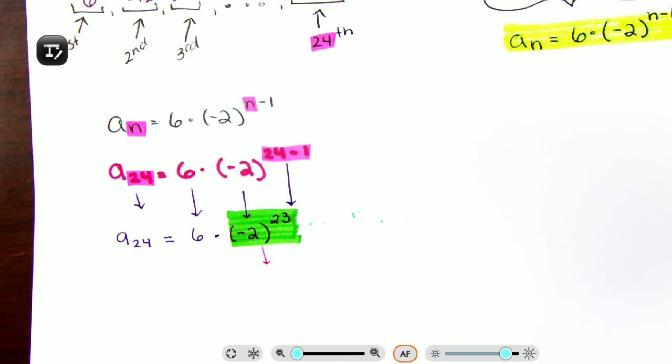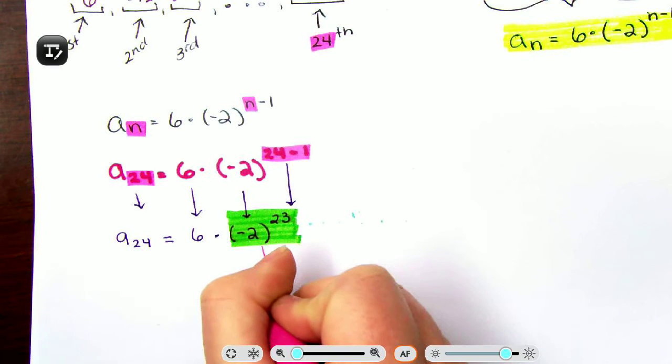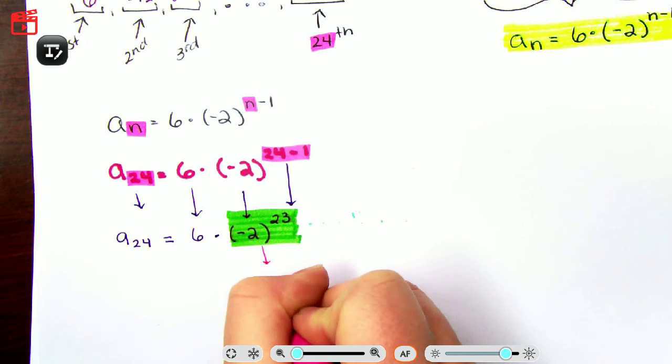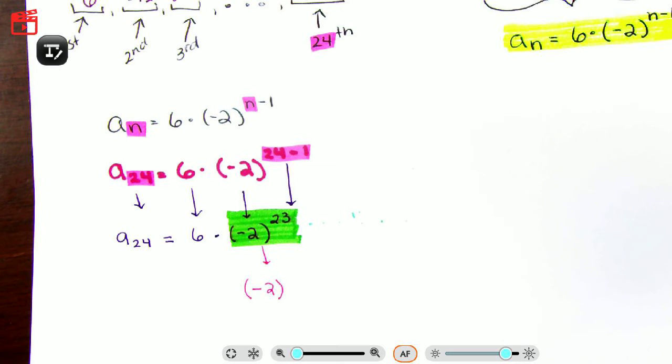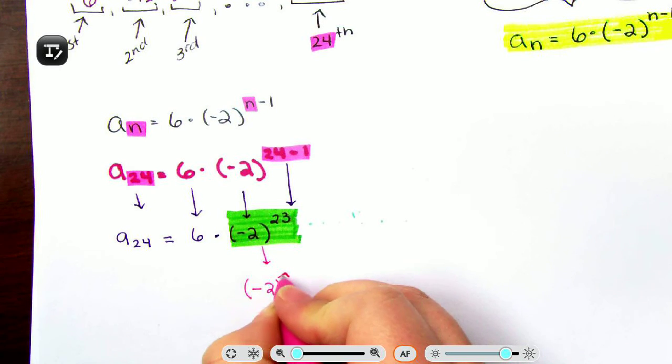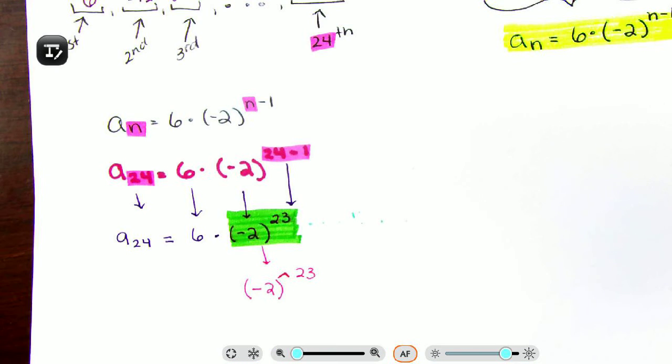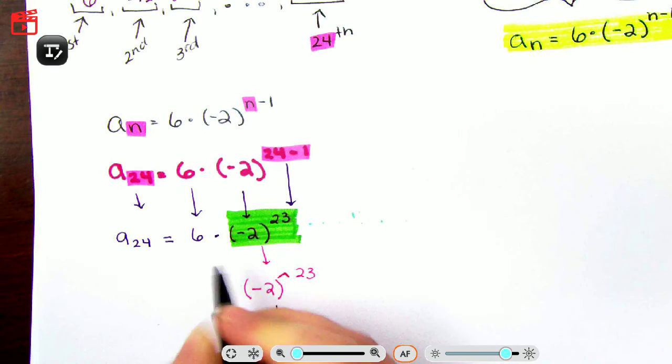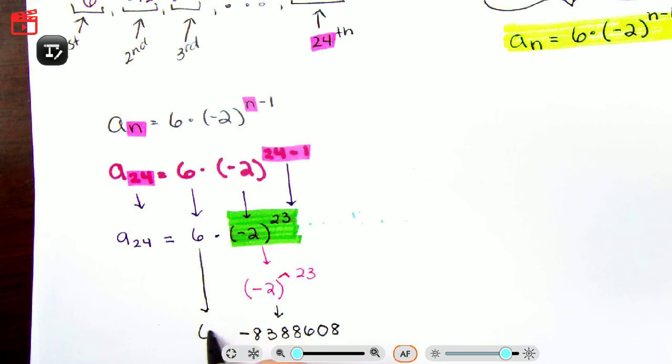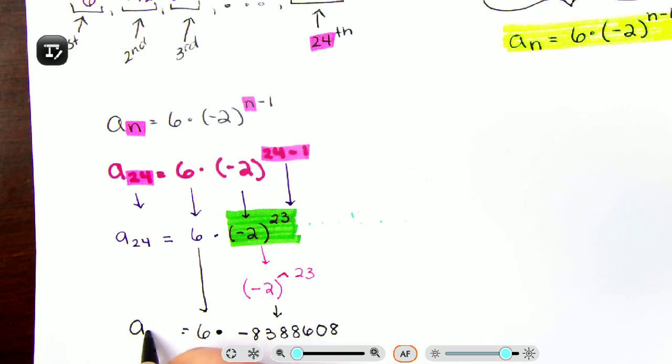This is how I'm going to do it on my calculator. I'm going to do parenthesis -2. Depending on your calculator, you might have to do a caret, a symbol like this, and then 23. So in my calculator, I'm doing -2 caret 23, and it's going to give you a big number. That's okay. This gives me -8388608. I still have my 6 and my a sub 24.